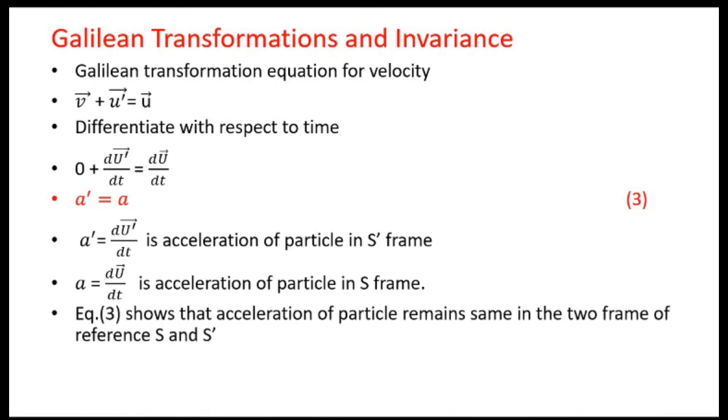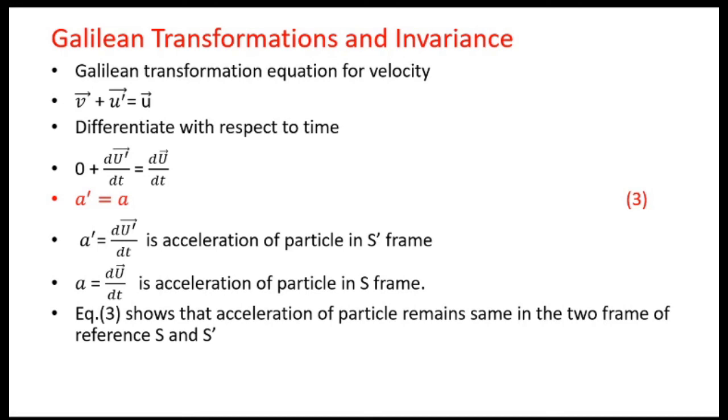Now what does equation 3 indicate? It shows that the acceleration of a particle in one frame of reference is equal to the acceleration of the particle in the other frame of reference. That is, the acceleration of a particle remains the same in all the frames of reference.